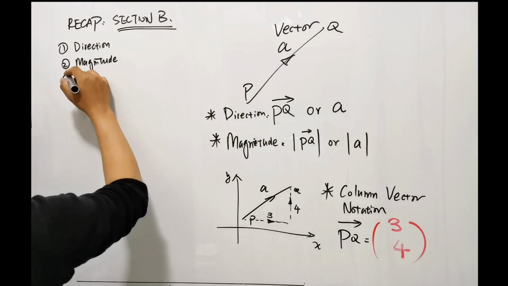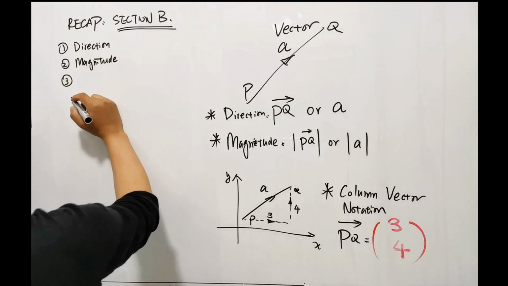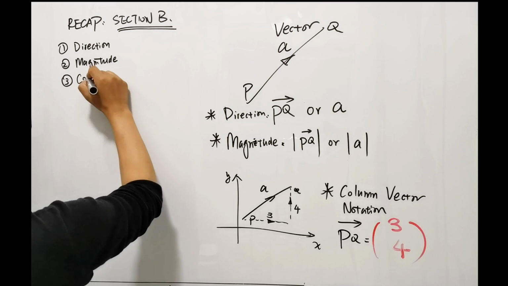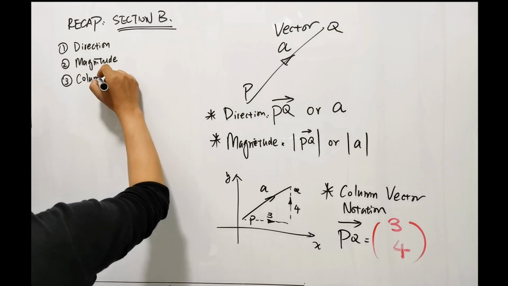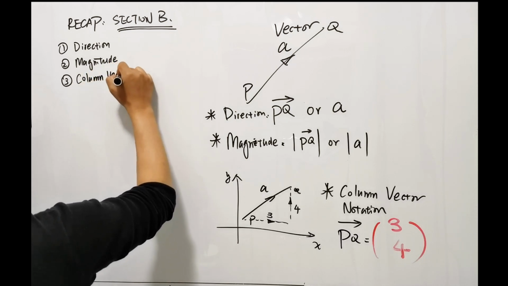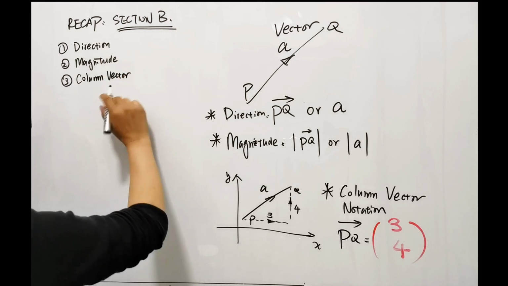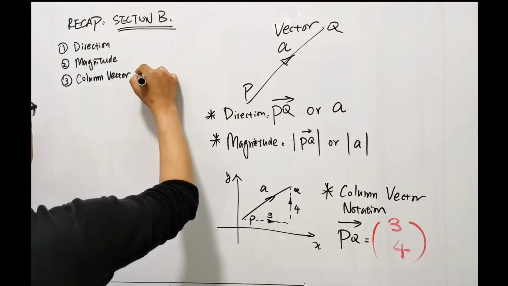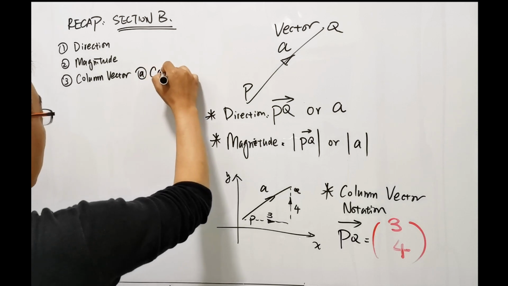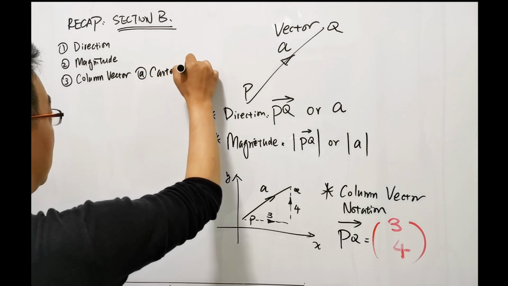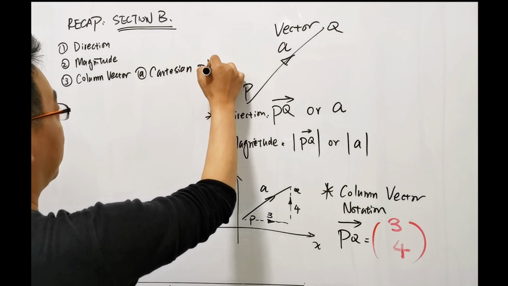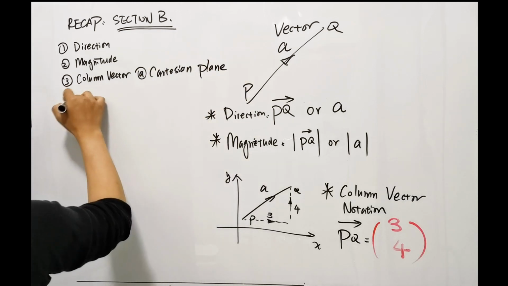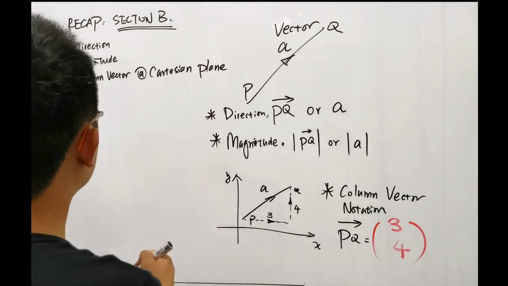And the last one is how we use column vectors to represent vectors in the Cartesian plane.